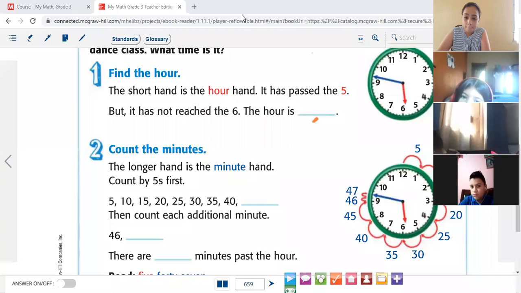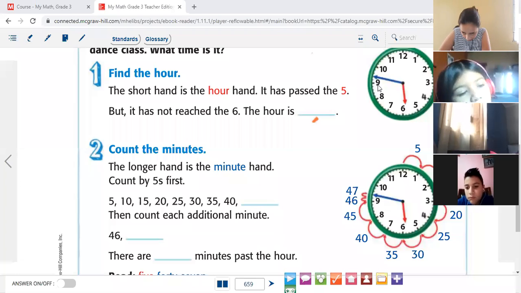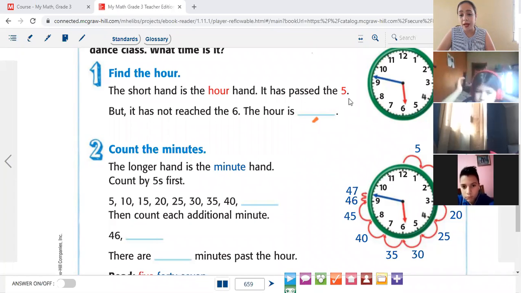Now, the long hand is pointing to a little line after the number 9. And let me explain this. But first, the short hand is the hour hand, and it has passed 5, but it hasn't reached the 6. So it's still 5 o'clock.